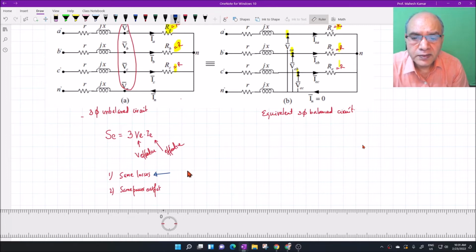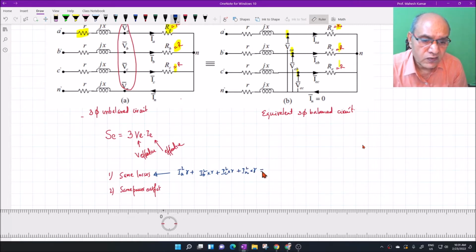The losses will be IA square into R, this is the small r, plus IB square into R plus IC square into R plus IN square, neutral wire square, into R. These will be the losses for the three-phase unbalanced circuit.